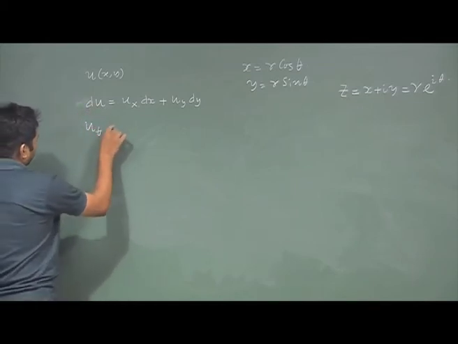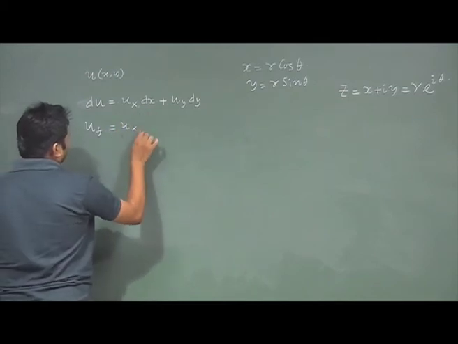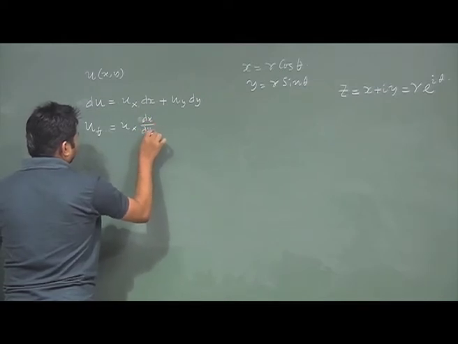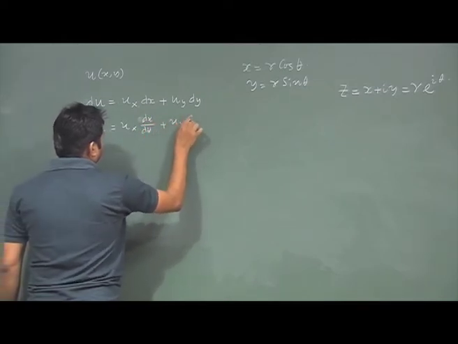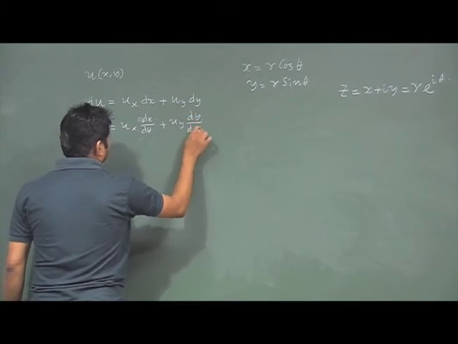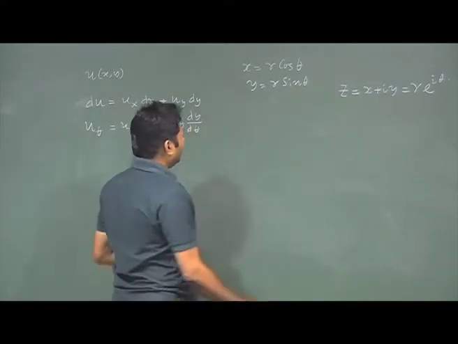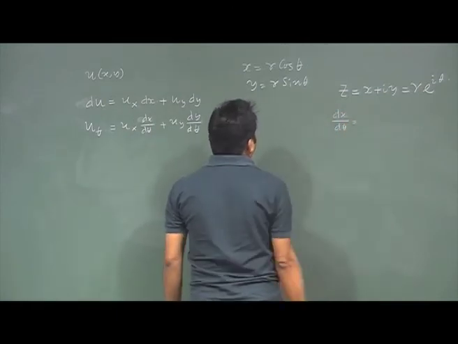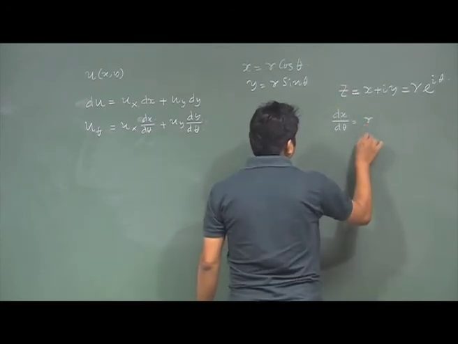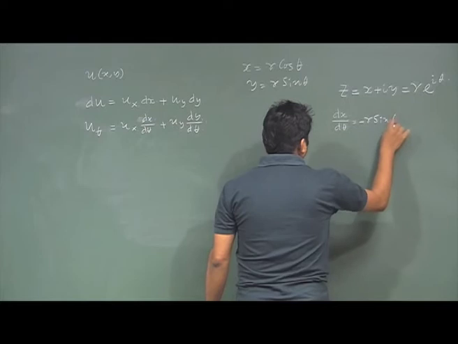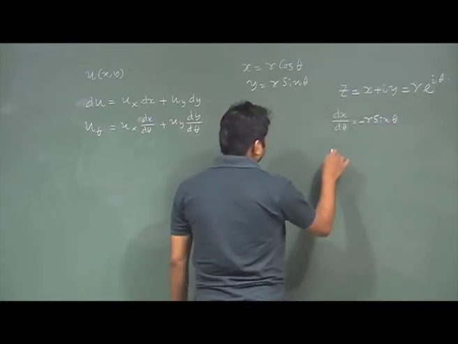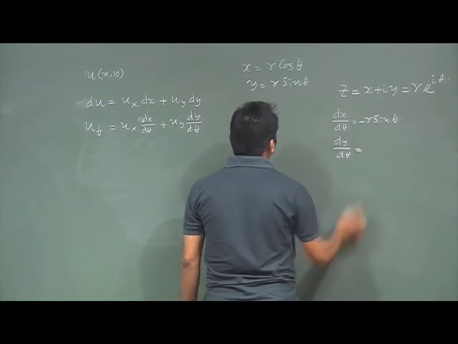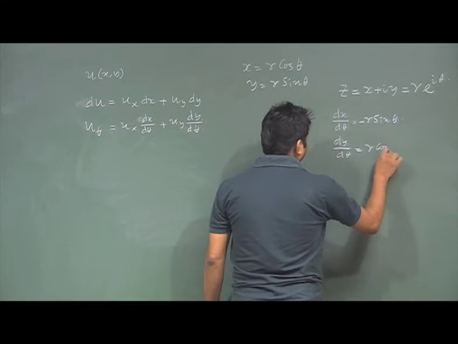So, now from this equation I can write the partial derivative with respect to theta. It should be ux dx d theta plus uy dy d theta. From here, dx d theta is minus r sin theta and dy d theta is r cos theta.